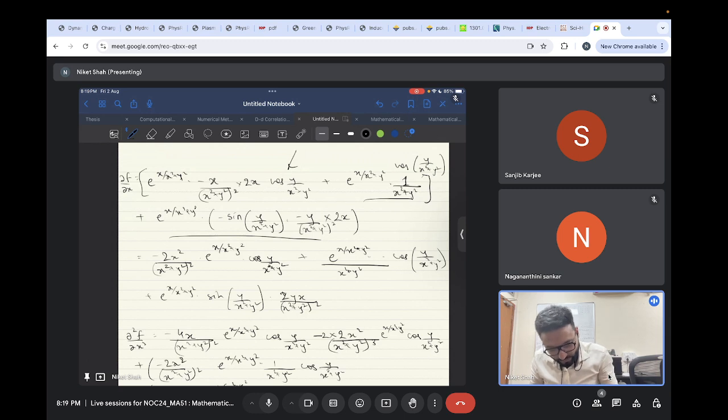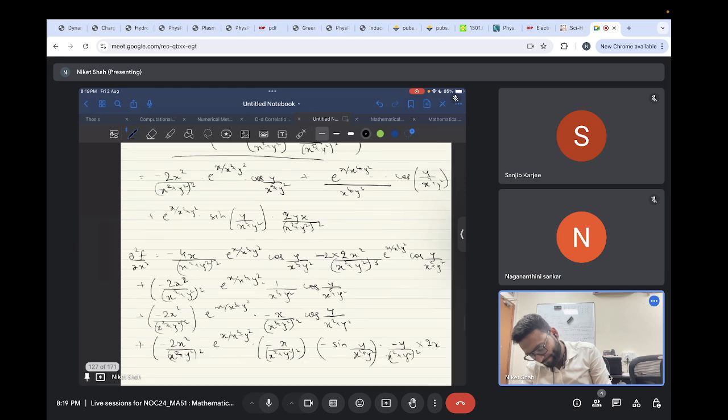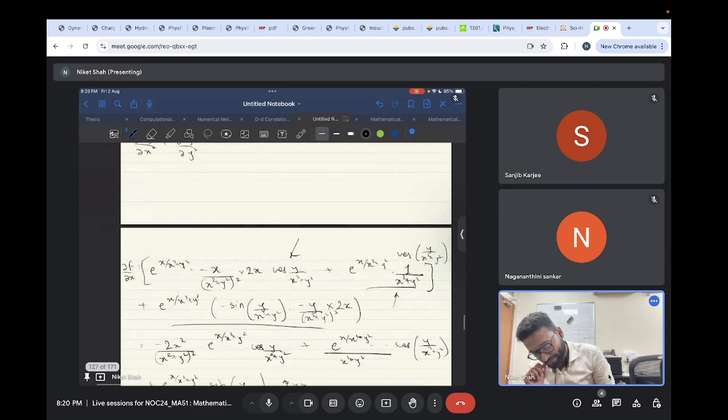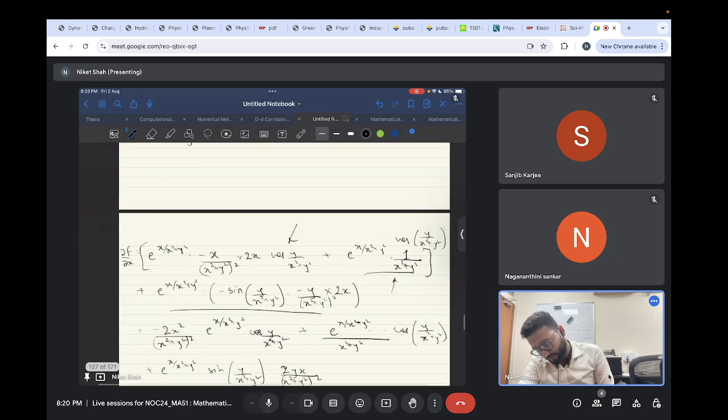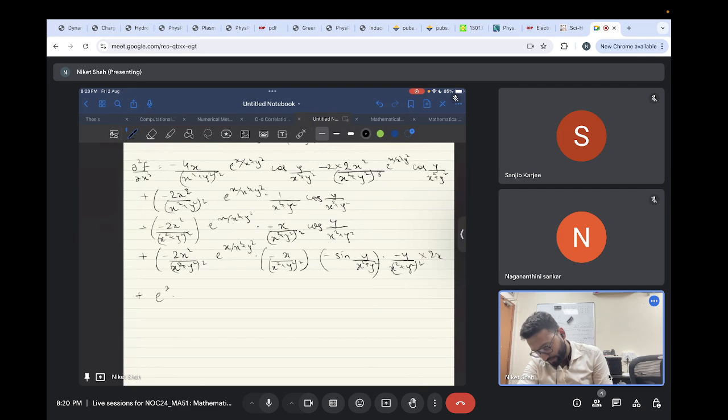All right. So the next one, this term, e power x divided by x square plus y square. It's got x derivative over x square plus y square into 1 divided by x square plus y square.